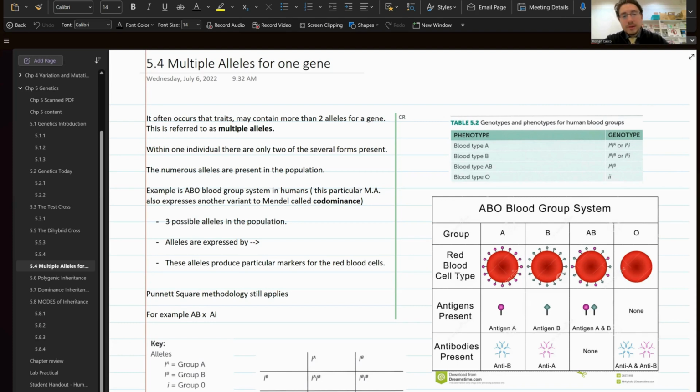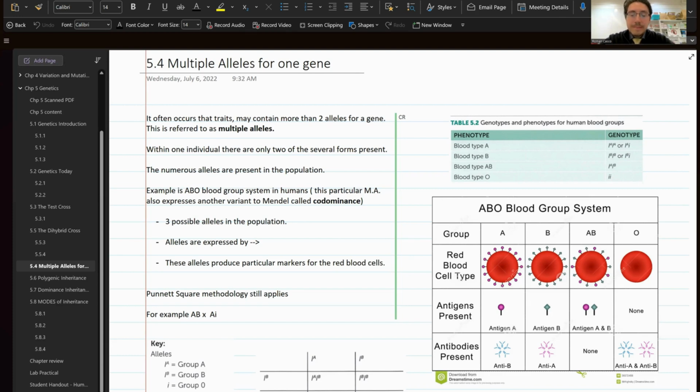Today we're going to talk about different variations of Mendelian genetics that we've seen based on monohybrid and dihybrid crosses, and how you get one allele for a particular trait. I like to call them variations of Mendelian genetics, where you have different scenarios.